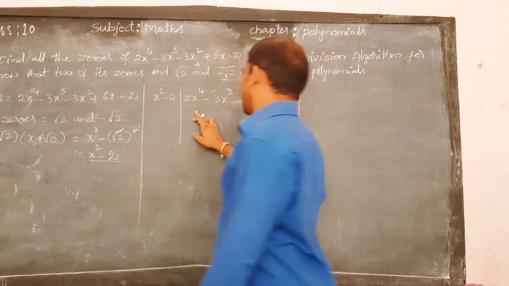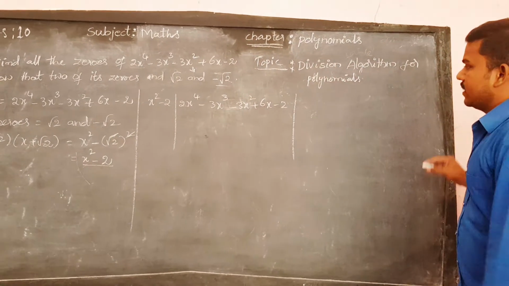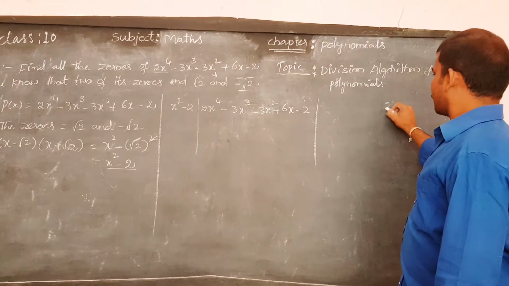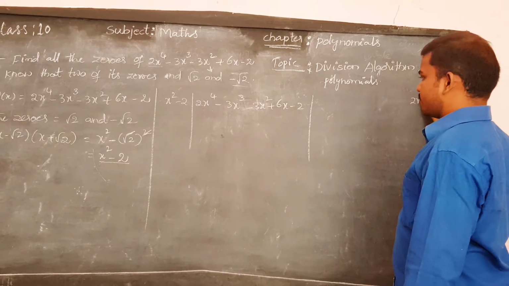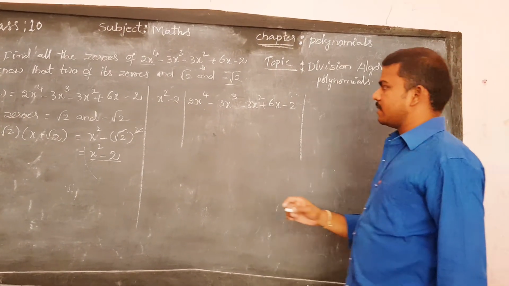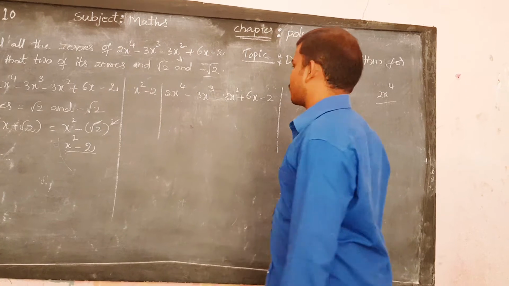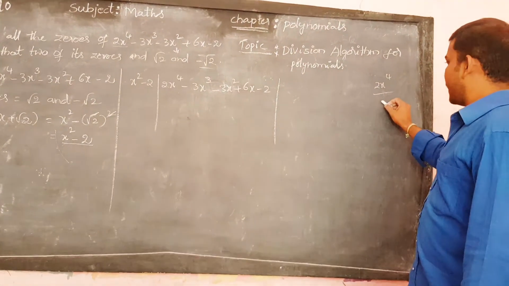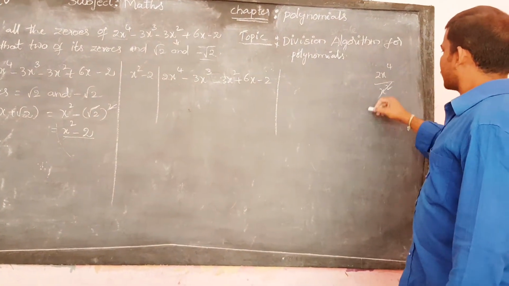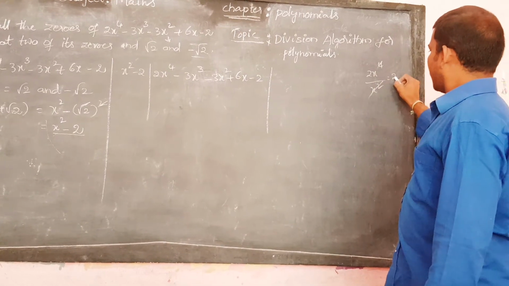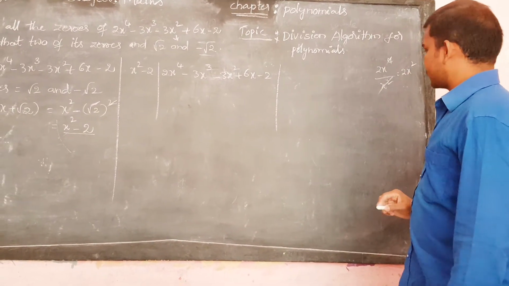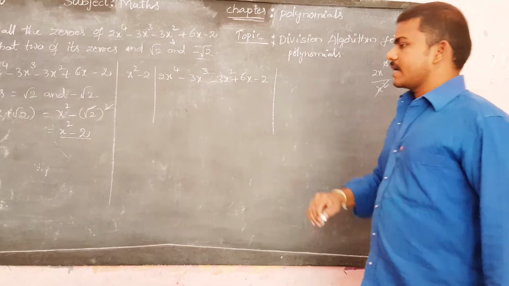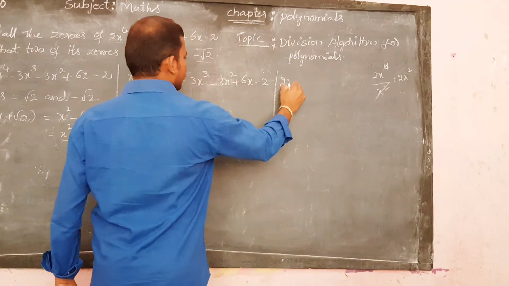The highest order term in the dividend is 2x power 4, and the highest term of the divisor is x square. So 2x power 4 divided by x square: here x square and x square get cancelled. Remaining is 2x square, so it is taken as the quotient.